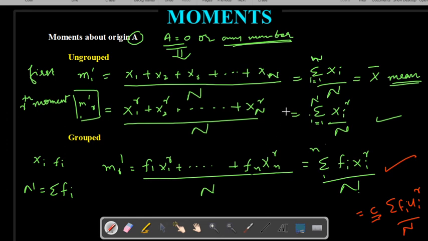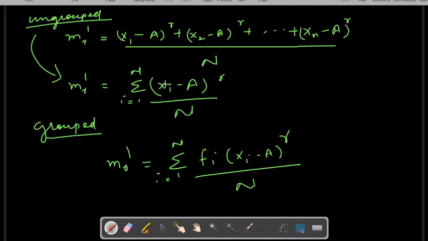For grouped data, same formula with frequency you have to multiply. When a is not equal to 0, any other number, our formula will change like this. You have to subtract that a from each entry of x, then you have to find power r. Instead of x1 raised to r, we have x1 minus a raised to r. That is for ungrouped data. Grouped data, same thing with fi, you have to multiply.